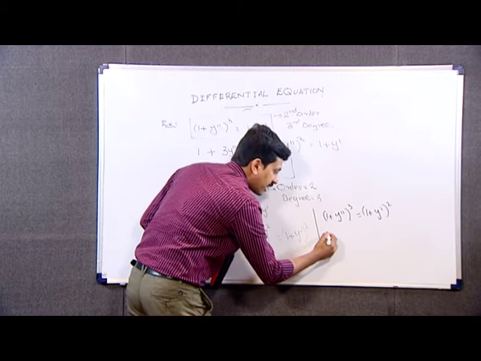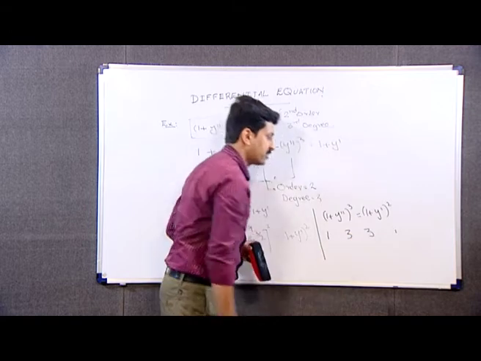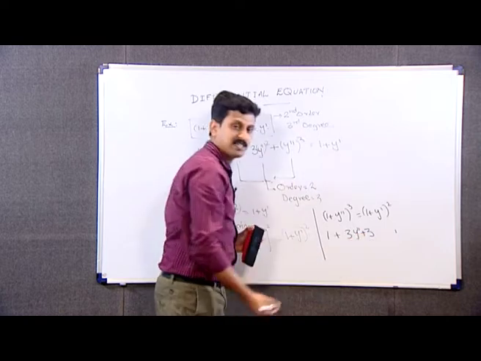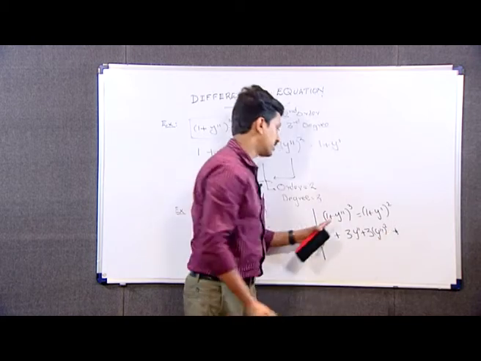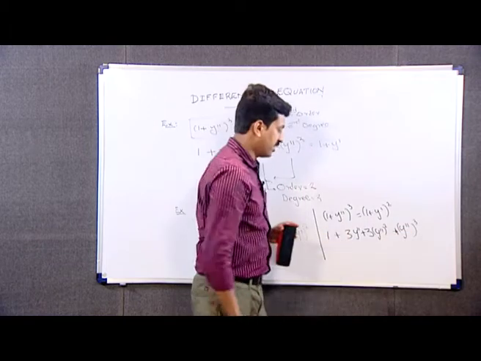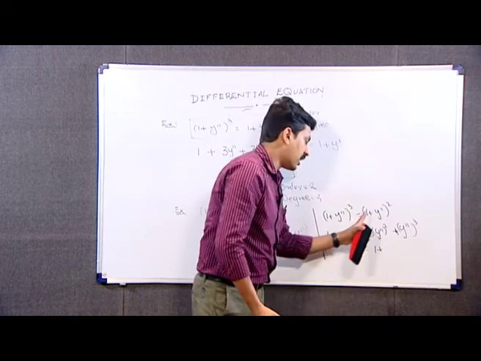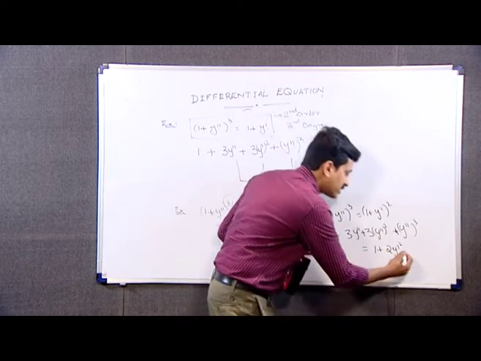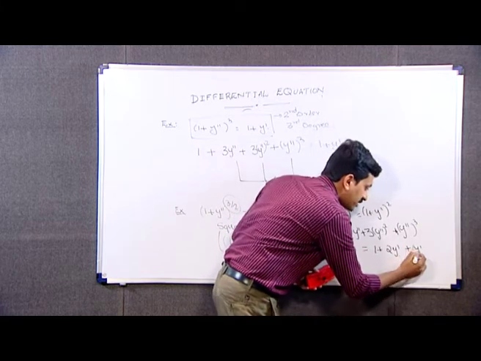While expanding, as in the previous example, we can write this as 1 3 3 1. This is equal to 1 cubed plus 3 into y'' plus 3 into y'' squared plus y'' cubed, equal to, expanding like (a + b) squared, 1 + 2y' + y' squared.